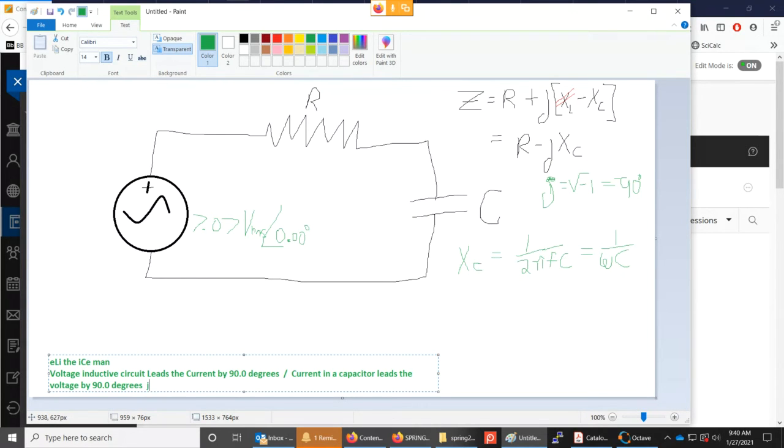So the J, or the square root of -1, is a mathematical term that, you know, in math, they say this is an imaginary number.